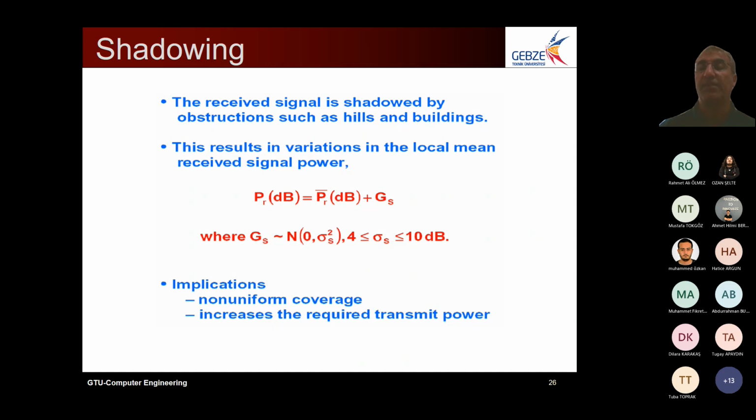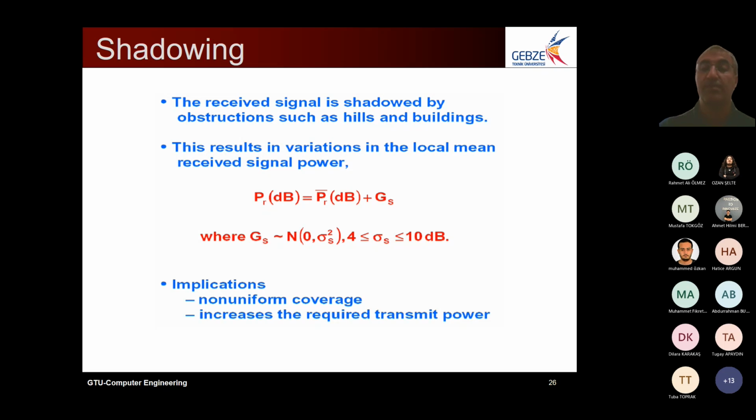So the effect of these buildings, trees, mountains, hills is called shadowing. Once your signal hits these obstructions, it results in some signal variation in the local mean of the received signal power.